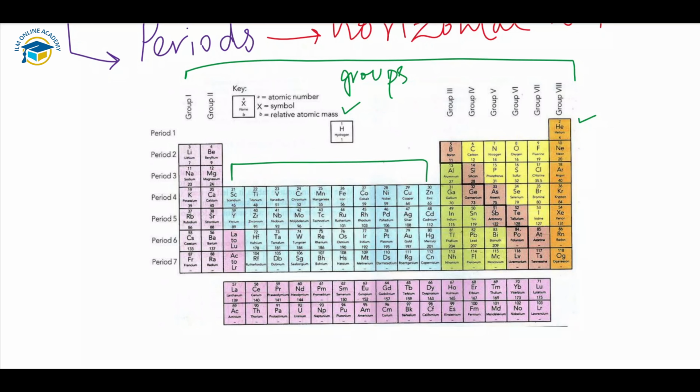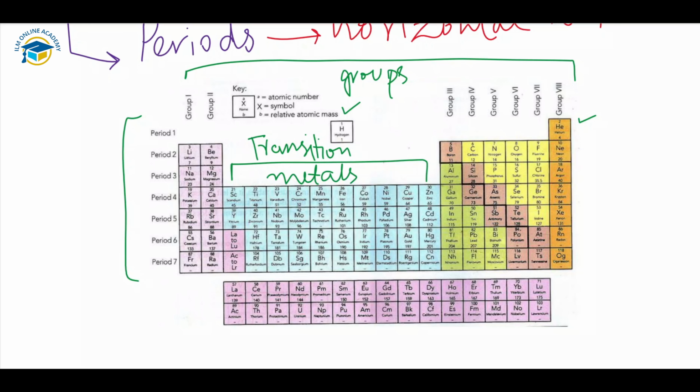These are known as the transition metals, and transition metals are excluded from the main groups. So we have a total of 8 main groups, which are the vertical columns. Next we have periods. You can see here a total of 7 periods, and they are the horizontal rows that are present in our periodic table.